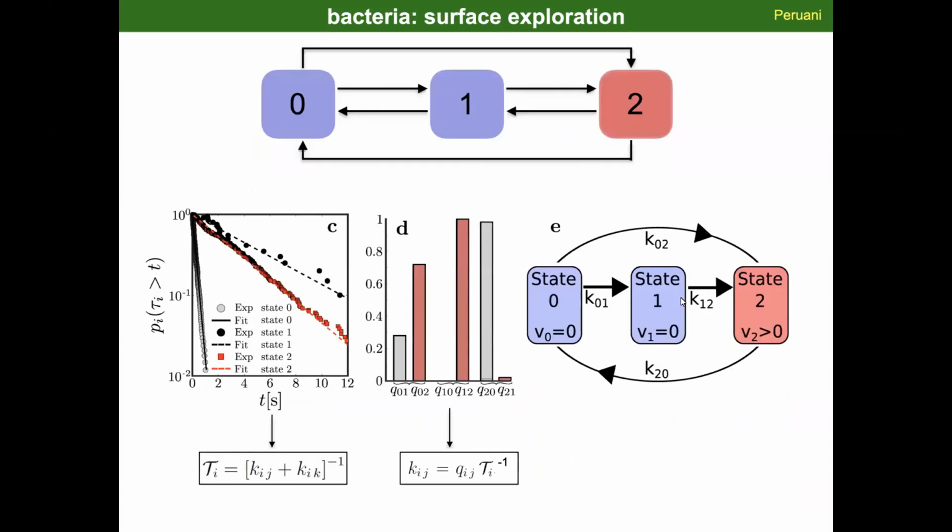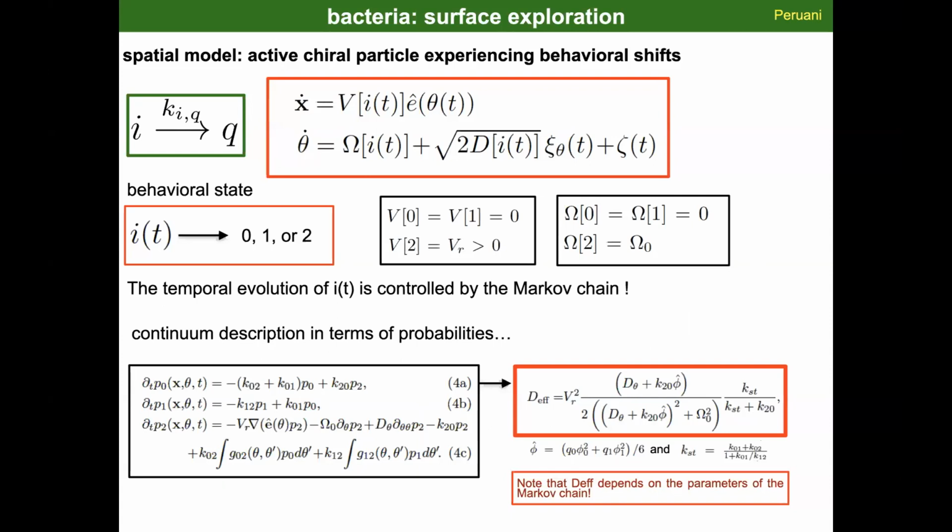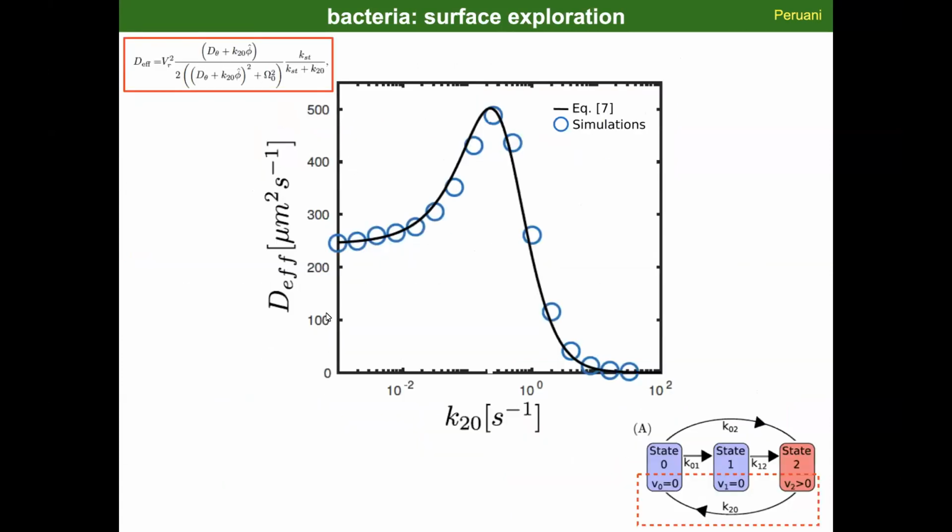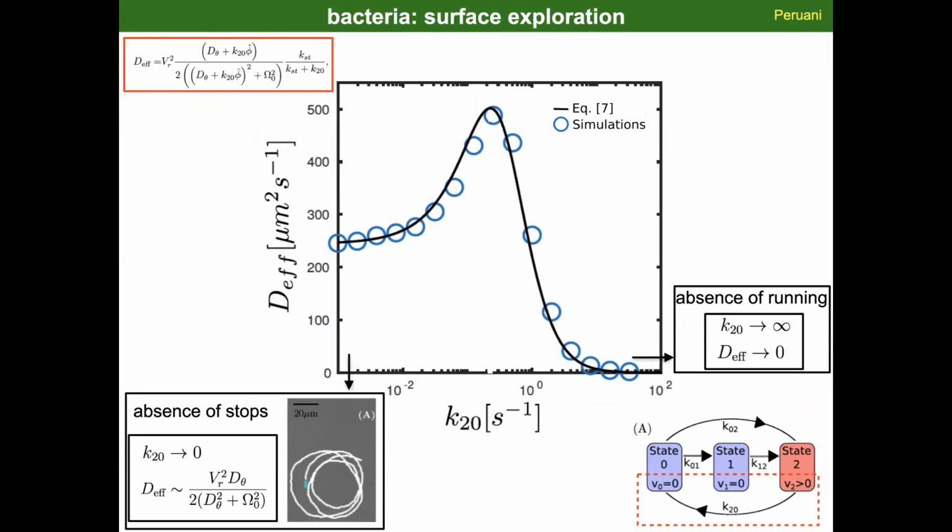So now, taking all that into account, you can plot the diffusion coefficient as a function of this transition rate. This is the transition 2 to 0, basically from running to the 0 state, no motion. What you can see is that there are two limiting cases that are easy to understand. One is the situation where the bacterium performs no stop, so the bacterium is performing this circular motion.